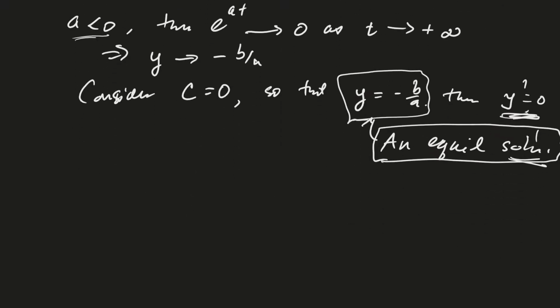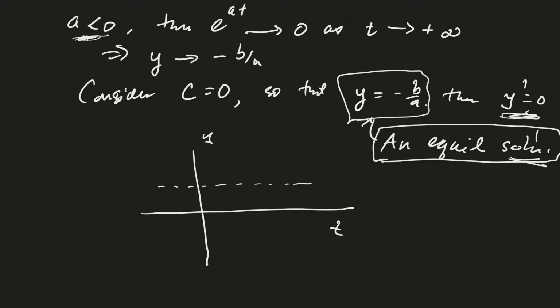Okay, so if I were to actually plot this in time, let's say a is negative, so minus b over a is actually above if b is positive. And then e to the at is going to 0, so all the other solutions are going to be going towards my equilibrium.